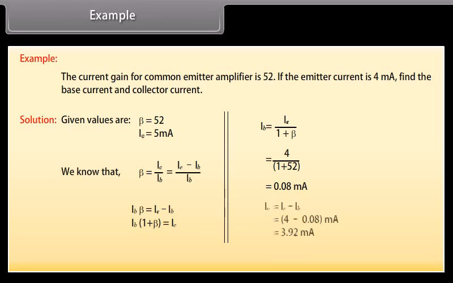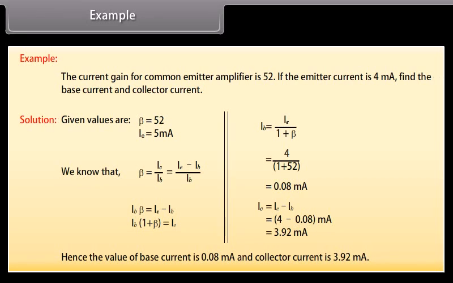We know that IC is equal to IE minus IB. Now putting the values in the expression and calculating, we get IC equal to 3.92 mA. Hence the value of base current is 0.08 mA and collector current is 3.92 mA.